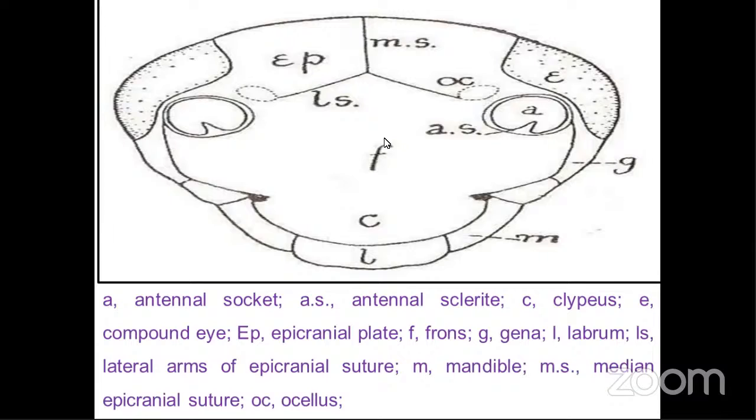Like that, the frons is the facial part of the insect head. You can see here, it mainly covers the frons only, so that's why it is the facial part.